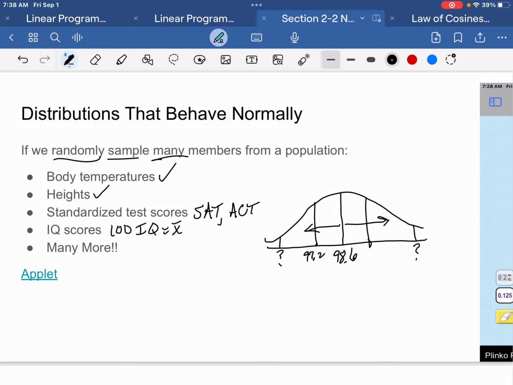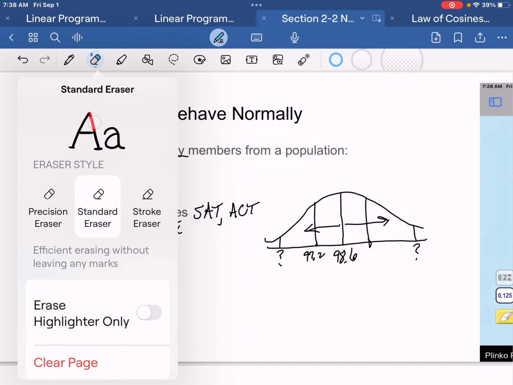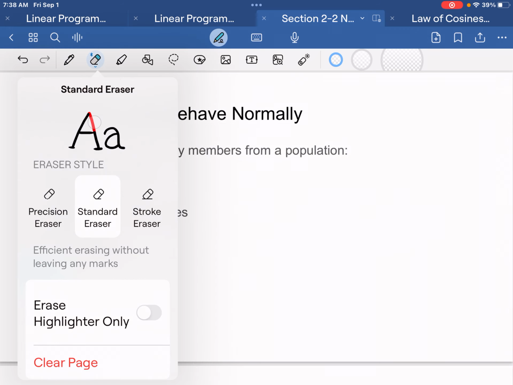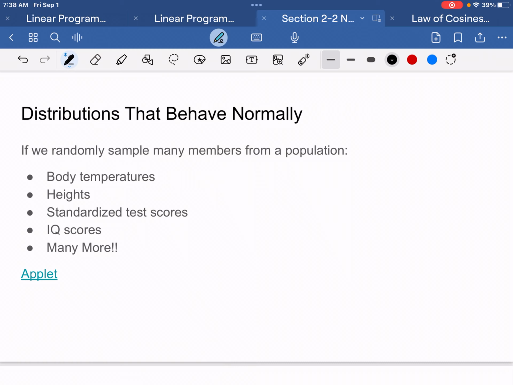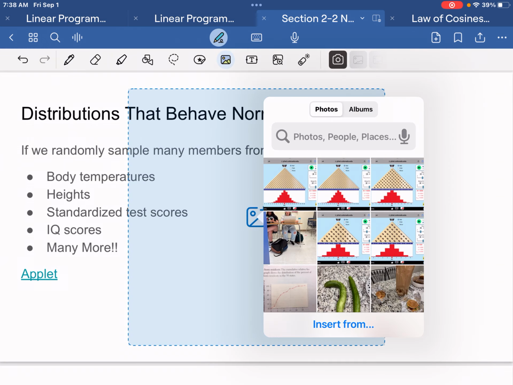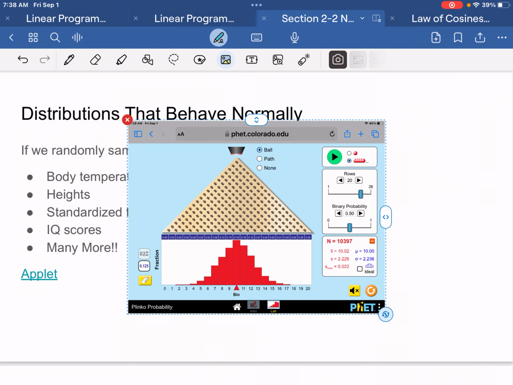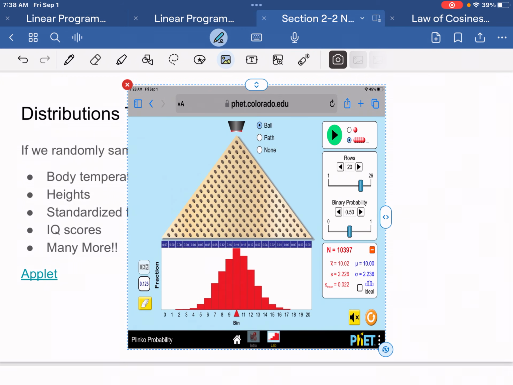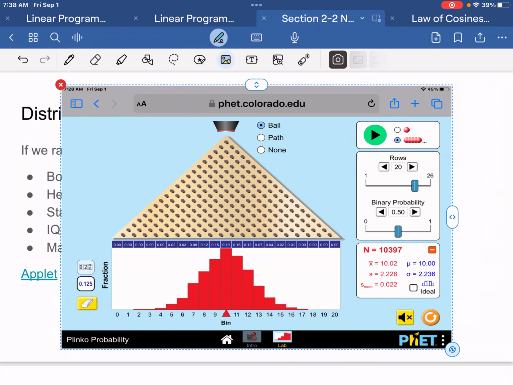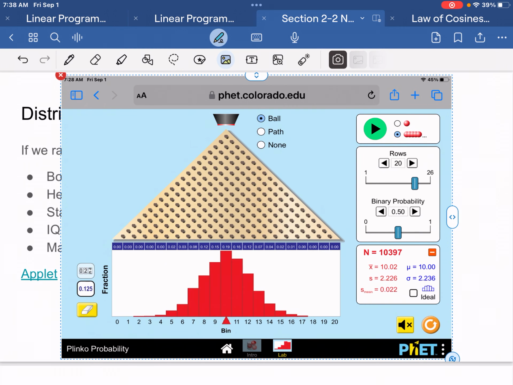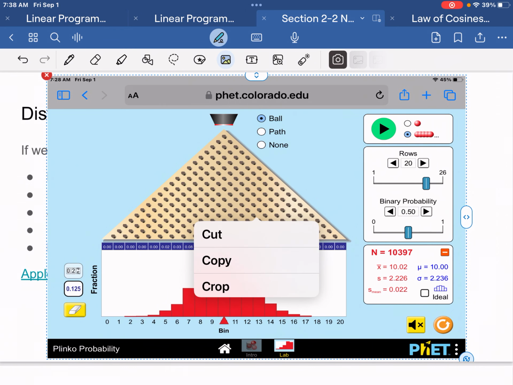Okay, so what are these special qualities that are required in order for a distribution to be normal? Well, let me bring a picture up. So I'm going to add a picture, and we're going to take a few minutes to look at that picture. It's the same Plinko board that we were looking at just a few minutes ago.